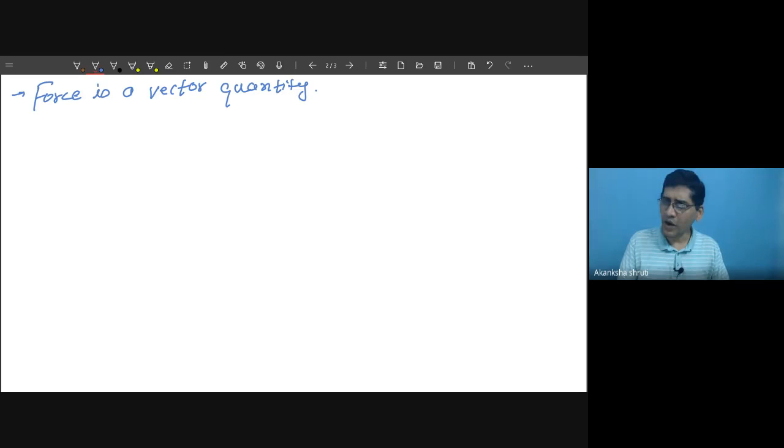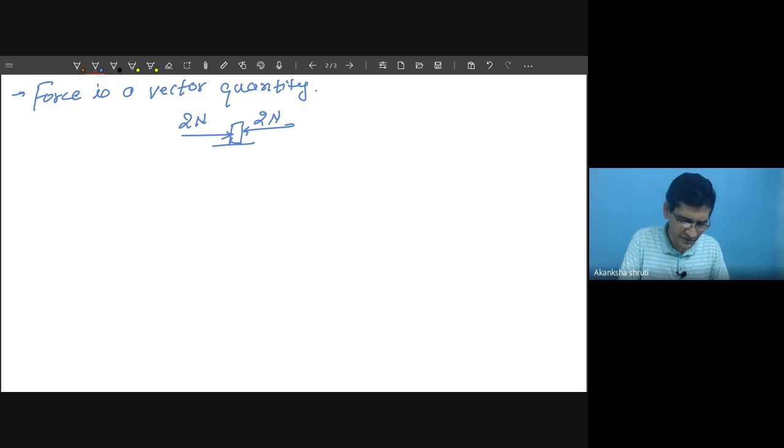It means two opposite forces can cancel each other. Say this is the object. On this, 2 Newton is applied from left to right, and 2 Newton is applied from right to left. Then this will remain at rest.